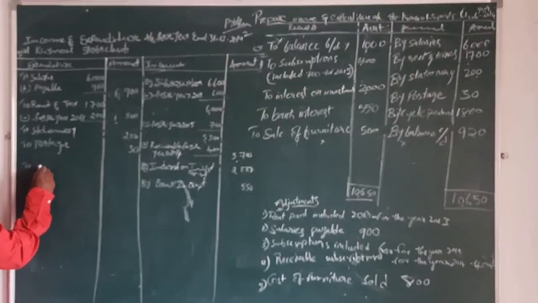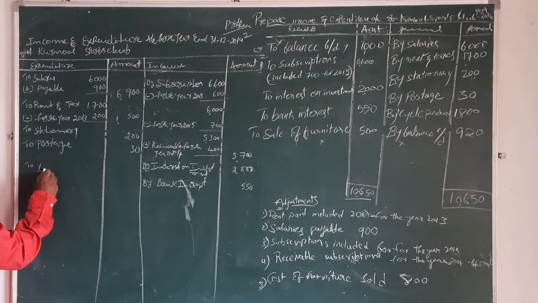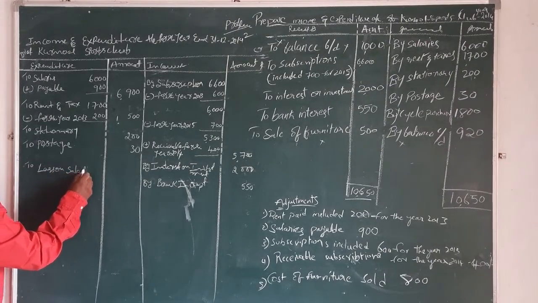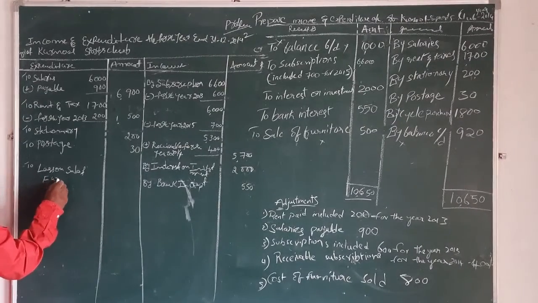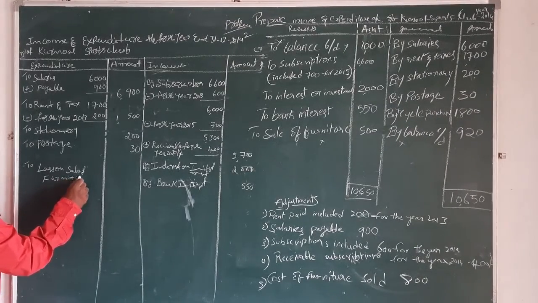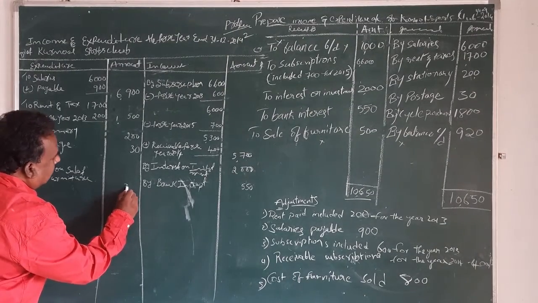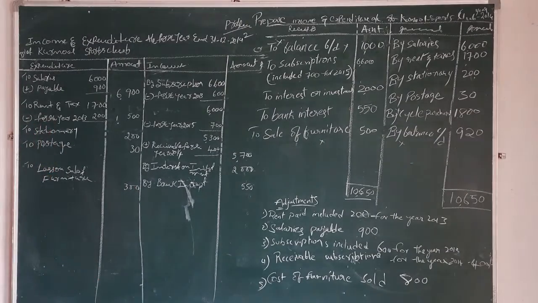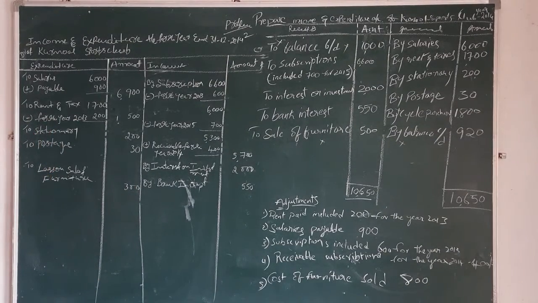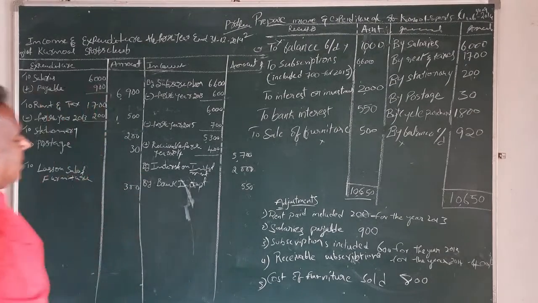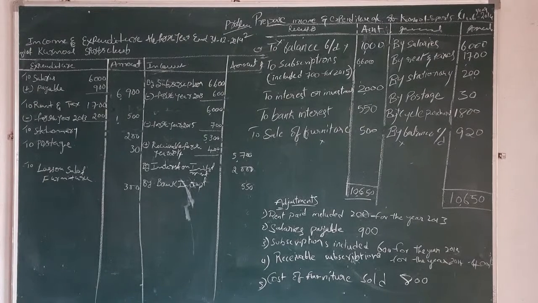To loss on sale of furniture 300, only 300. These are the expenditure particulars. These are the income particulars of the non-profit organization.